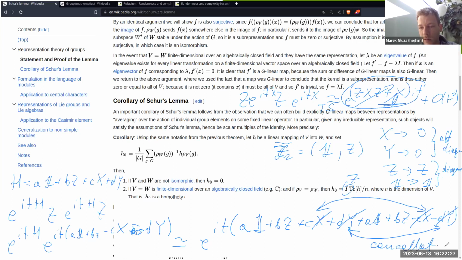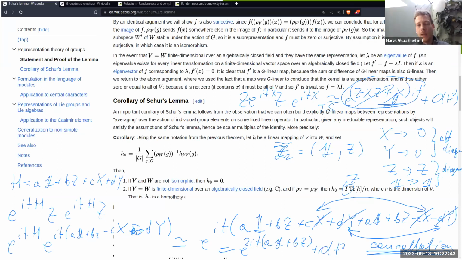That's the physical interpretation, that we are rotating away, which means that I get twice it times A identity plus BZ plus O of t squared. Fine. Okay. Happy? Everybody should be happy with this.